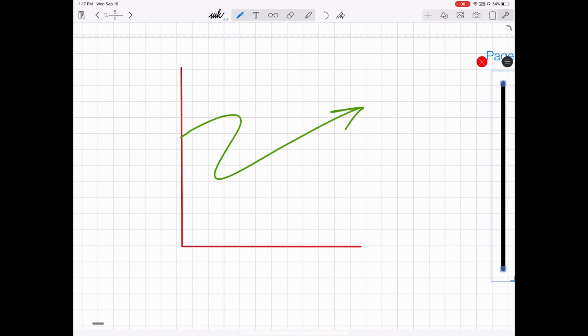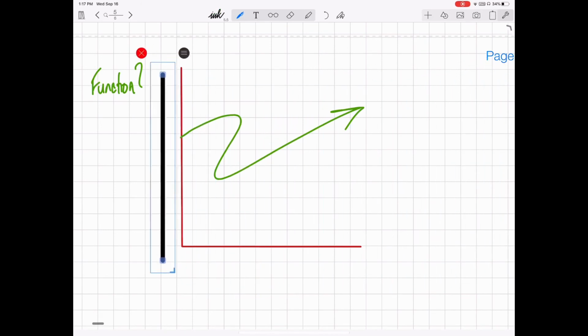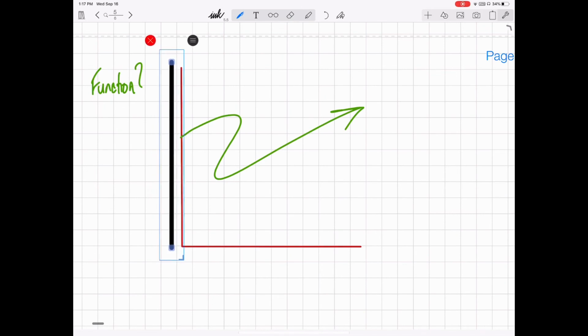Okay, so let's just look at applying this, and I have a visual here that might help. So is this a function is our question. Well, let's take a vertical line and we just drag this across our function, and if it has more than one place it goes through, it's not a function.